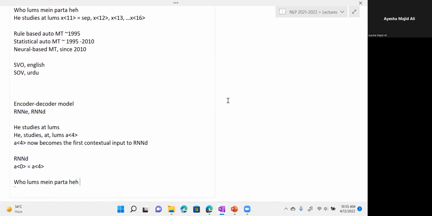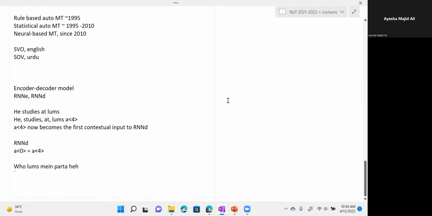Of course, also notice that the input sequence length, if you tokenize through words, is different from the output sequence length. Output sequence length लंबी है, वो लम्स में पढ़ता है. ठीक है. And he studies at LUMS is 4 words, वो LUMS में पढ़ता है is 5 words, if you tokenize, of course, as I said, using space delimitation.